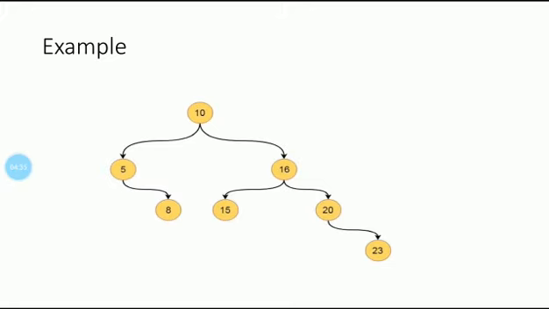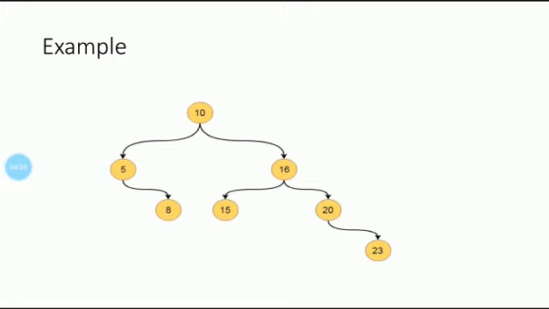For example, 10 is at level 0, so 10. Next level 5 and 16, so 10, 5, 16. And in level 2, one place is blank, so 10, 5, 16, blank, 8, 15, 20, like that. I will tell you once again.